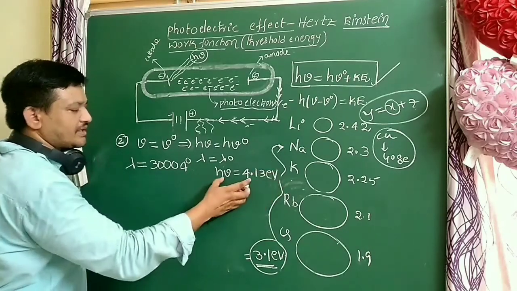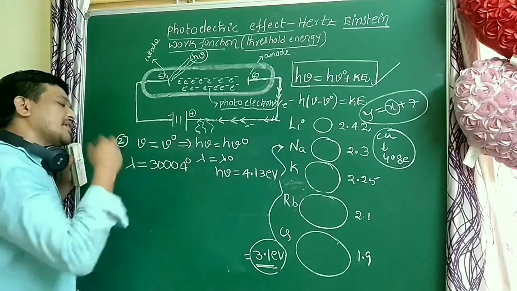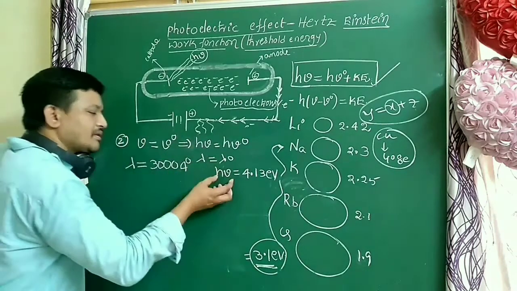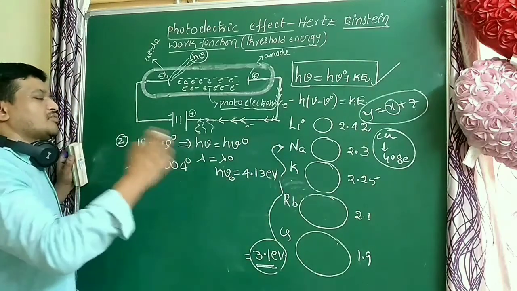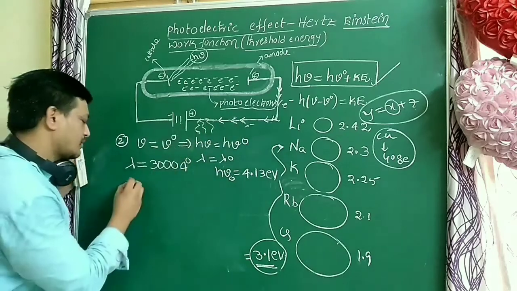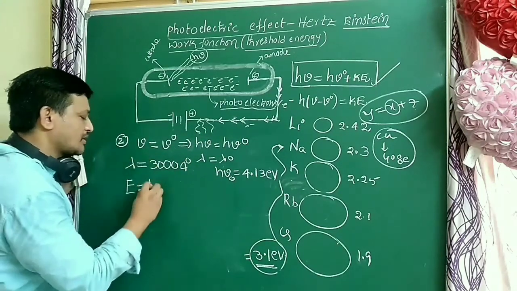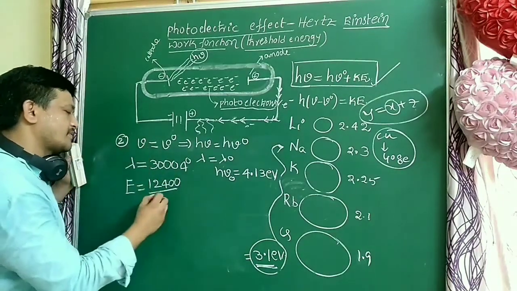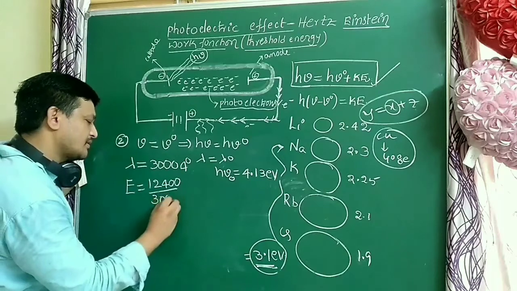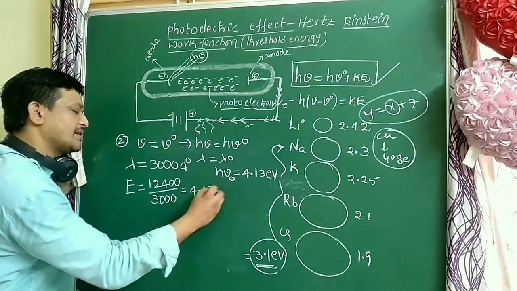The wavelength of the radiation is given and the threshold energy is given. Is that possible or not? One second. So calculate the energy. What is the formula, students? Energy equals 12,400 by lambda in angstroms, that is 3000. We get approximately 4.13 electron volts.